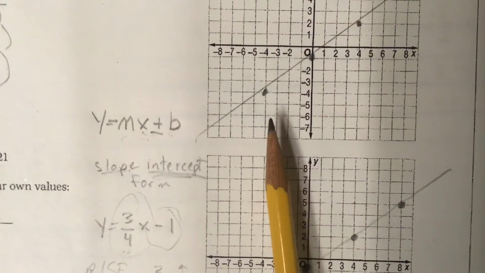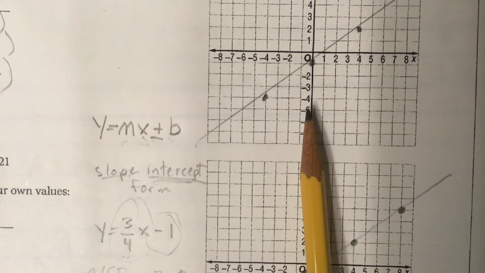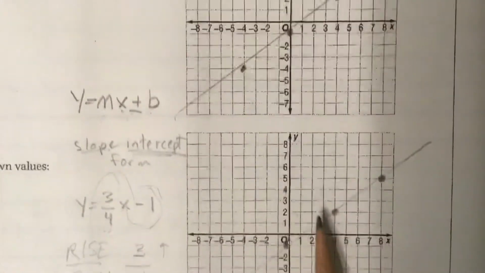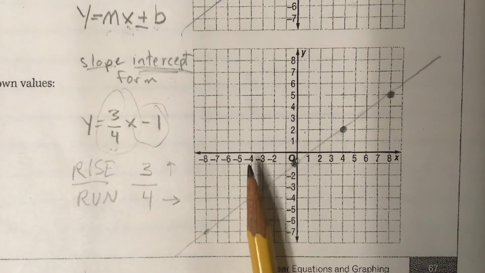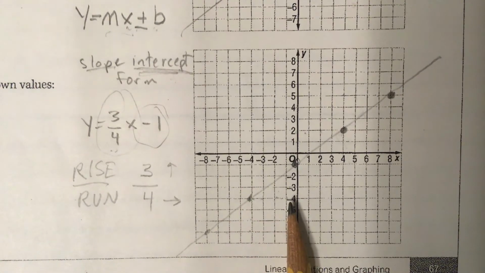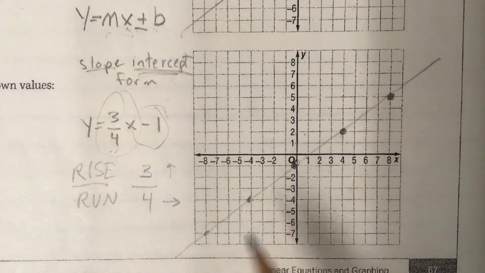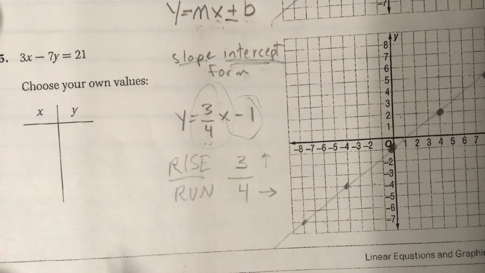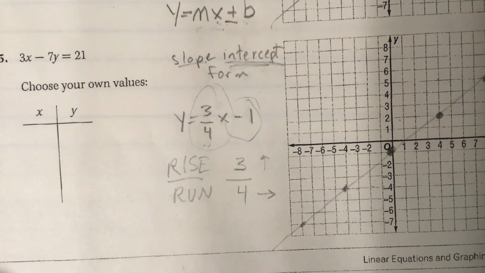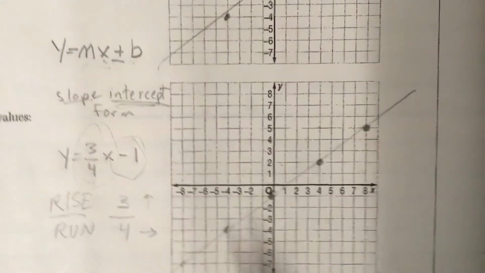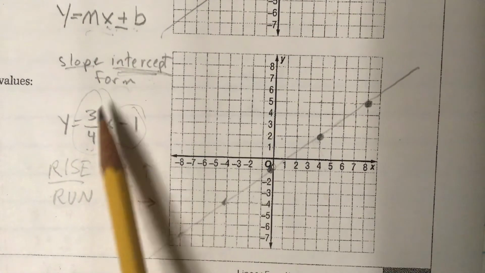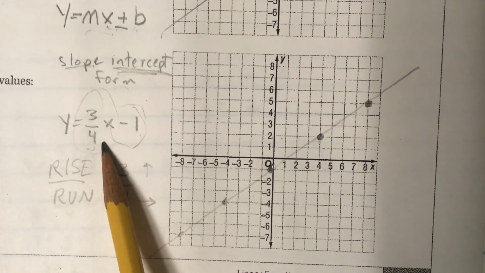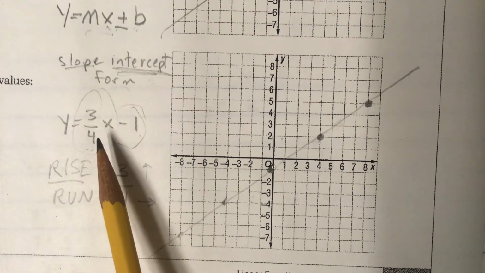Then we had this point, x is -4, y is -4. Same thing here. And we even had more points doing it this way. Once you set it up into the slope-intercept form, you'll be able to plot any of these equations just by knowing what the y-intercept is and what the slope is. This is something we're going to practice more in the next little bit.